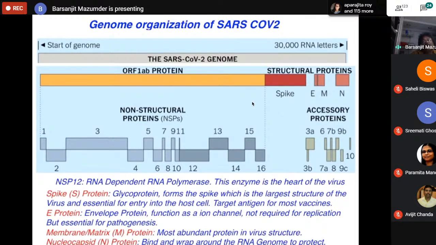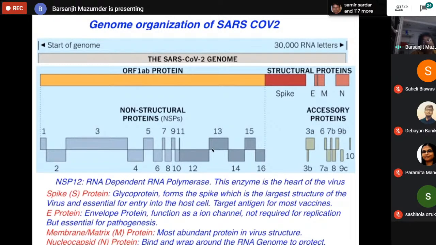When SARS-CoV-2 infects the cell, the first job it does is translating the ORF1ab protein. ORF1ab is made from the genome and synthesized as a big polyprotein. But the protein is dead until a viral protease chops it into 16 different pieces.